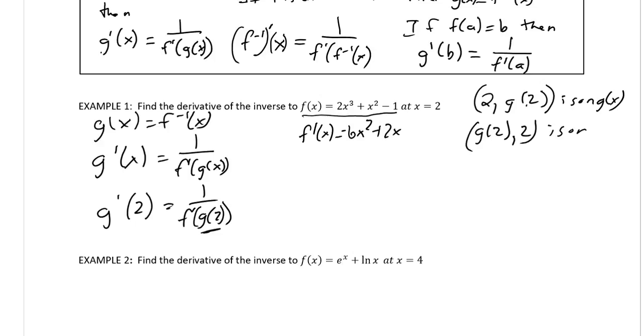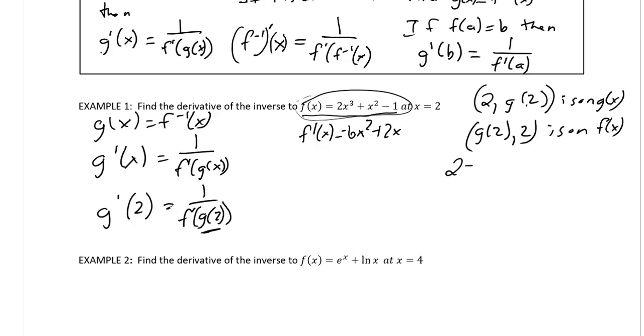So when I plug something into f and I get out 2, that's going to tell me what g of 2 is. That would be my x value. So I'm going to take this function f of x and set it equal to 2.